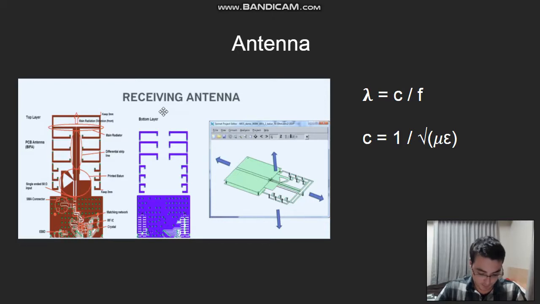So for this specific schematic, the length of this antenna is about 470 millimeters. So that's designed for the 315 megahertz that this system is supposed to be receiving on. So it's optimized for that general frequency.